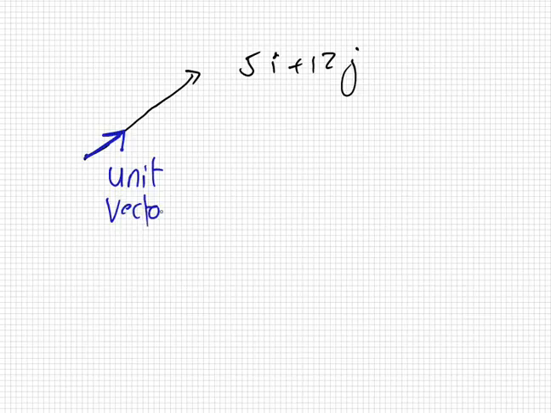A unit vector, let me call it x, means its length is 1. So does anybody have any ideas about how I could try and find this unit vector? It's the same direction as the 5, 12. It's just length 1. Any ideas?